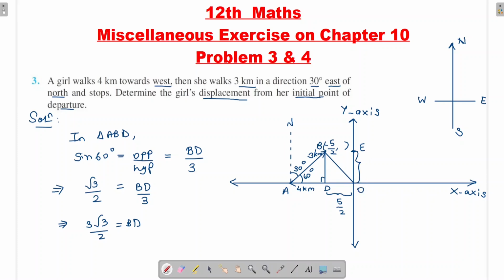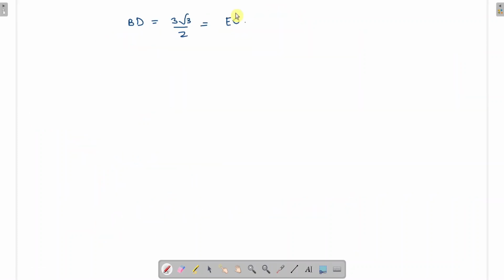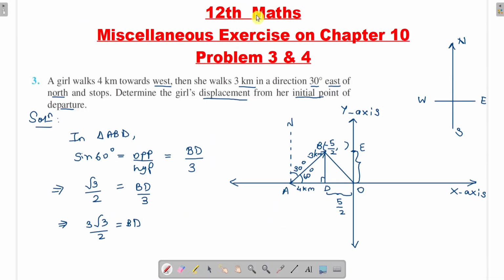EO we got as 3 root 3 by 2, and this will be positive, because E is above the x axis. So we have found the coordinate of B.